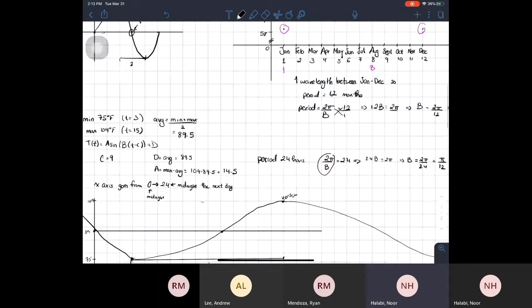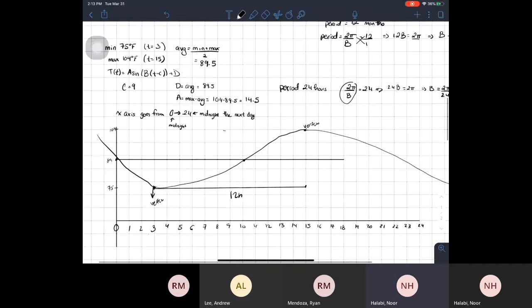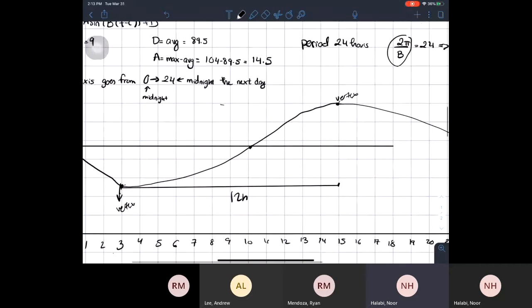Basically, it's equidistant between both vertices. So I looked at what 6 hours after 3 is, it's 9. Ignore the fact that it's here. Let's just imagine that it's here. This is a rough sketch.